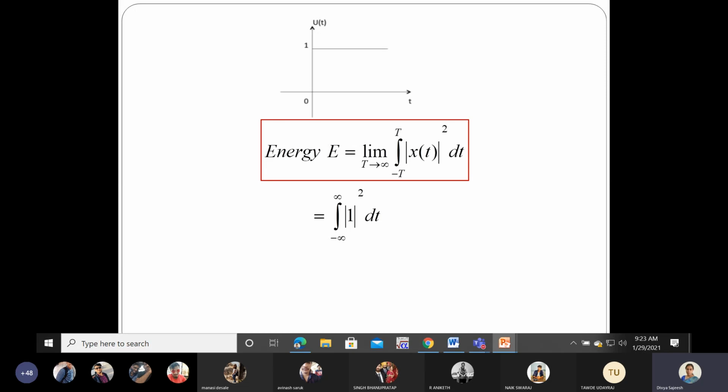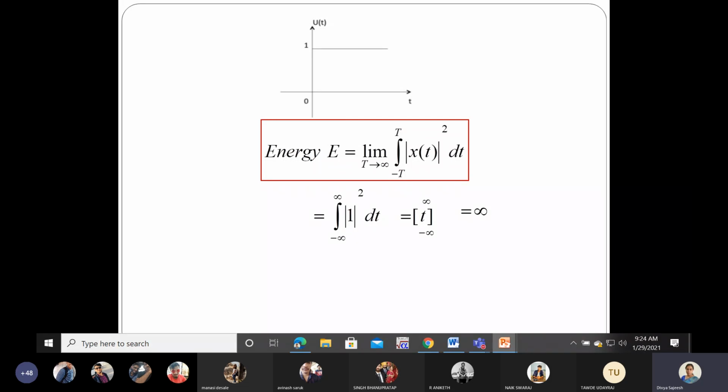The magnitude of the signal x(t) is unity. Substituting x(t) as 1 and applying the limits, we get t after integration, and the limits are 0 to infinity, because the signal starts from the origin, not from minus infinity. So finally you get the value as infinite.